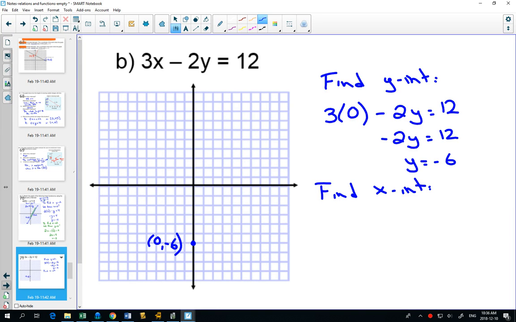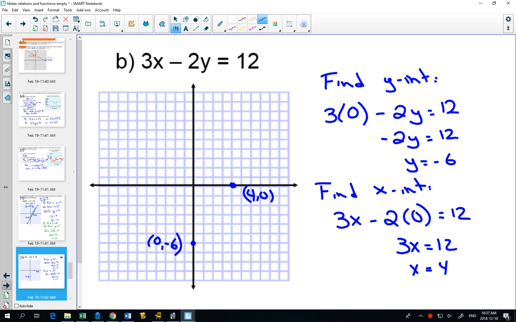To find your x-intercept, plug in 0 for y, which would give you 3x equals 12. Divide by 3. Join your points, and you have your line.